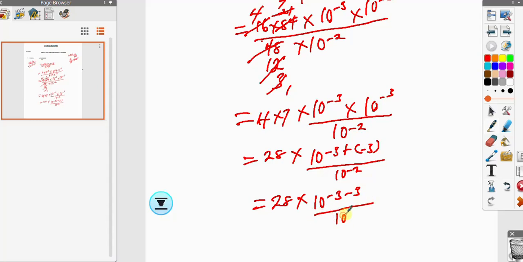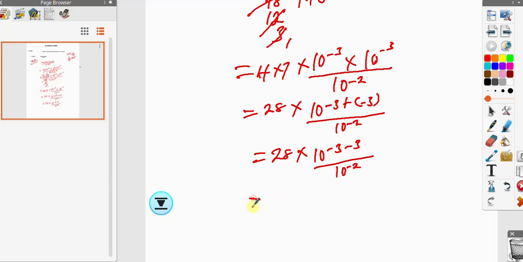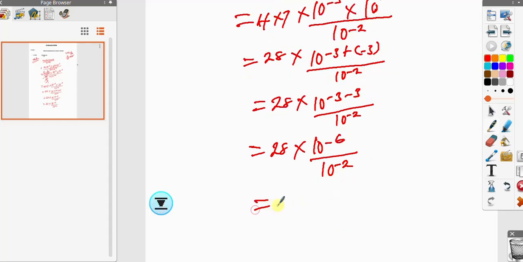We have 10 raised to the power minus 2 for easy understanding. We have 28 now times 10 raised to the power minus 3 minus 3, which will give you minus 6, over 10 raised to the power minus 2. Now the division law of indices. Remember the division law of indices, which is now 10 raised to the power minus 6.